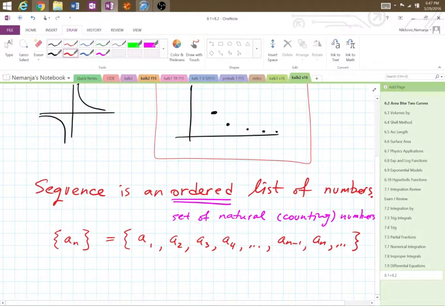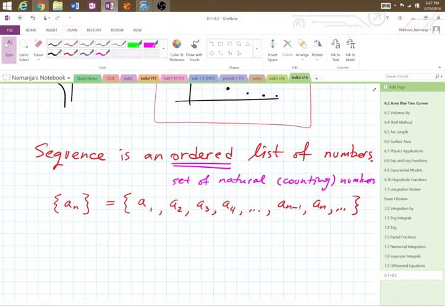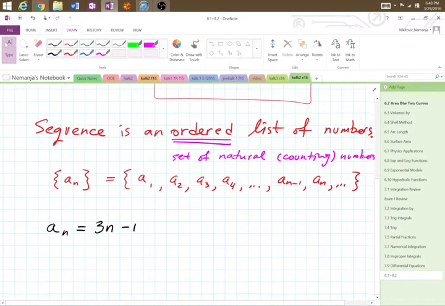So what we are going to do now is take a look at a few sequences and understand how they work. So let's say I have a_n equal to 3n minus 1. So this is our sequence. What are the terms of this sequence? Well, when n is equal to 1, we have 3 minus 1, which is 2.